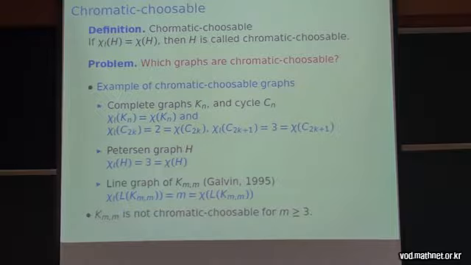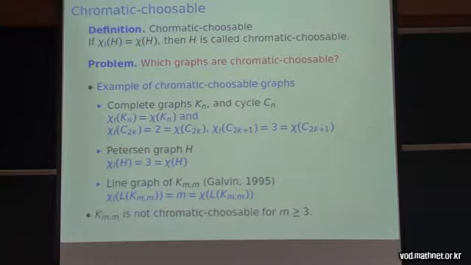And a very famous result is that the line graph of a complete bipartite graph is chromatic-choosable. But in general, a complete bipartite graph is not chromatic-choosable. As you know, the list chromatic number can be arbitrarily large.